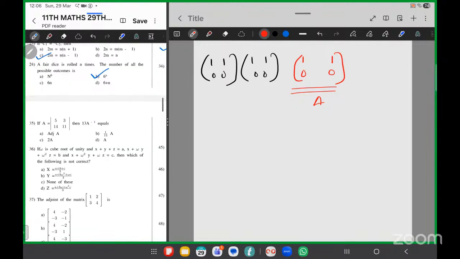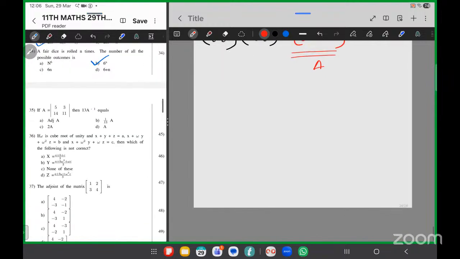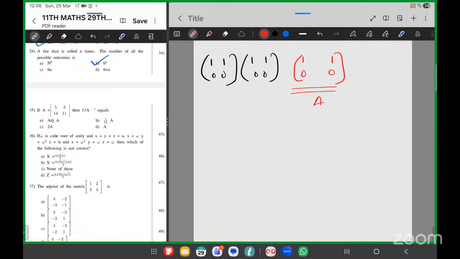Question number 35. A equal to 13 A inverse. Adj A is 1 inverse. 5 into 1, 55. Determinant A is 55 minus 3 into 14. 42 is 13.